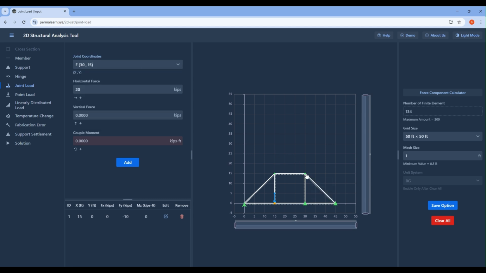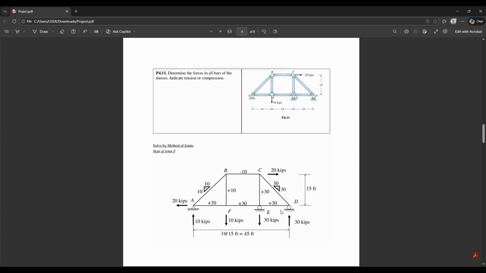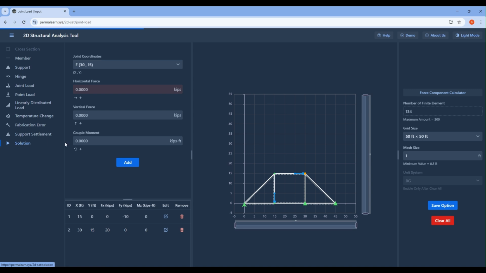At point F here, yes, it is to the right of 20. So at point F here, it is going to the right 20 kip. As you can see here, it will be the same as this structure. So let's jump into the solution.